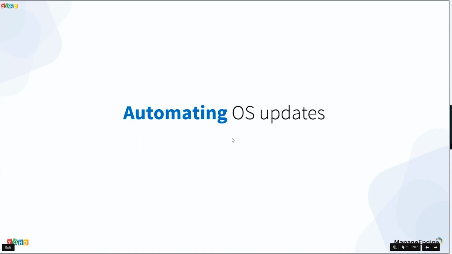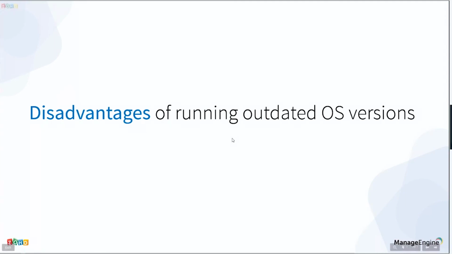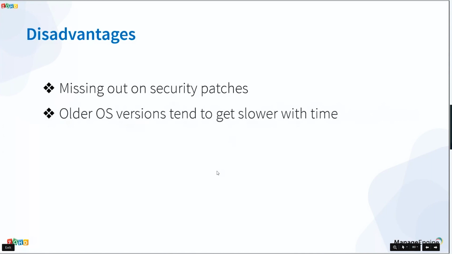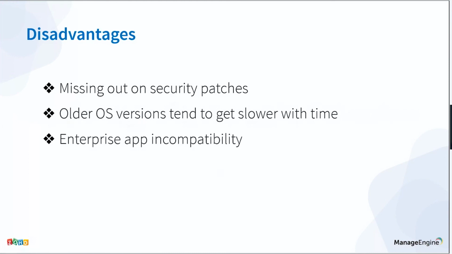So now I've shown you the app management part. I would also like to touch base on the automatic OS update feature, because the main reason to control OS updates is that if the OS is not updated on the devices, they might miss out on certain security patches, and the older OS gets slow with time and will not be functional.